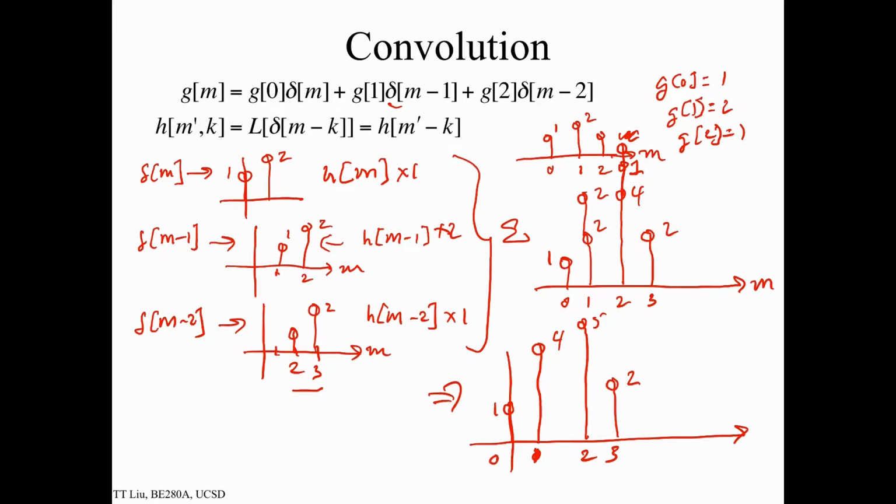All right. So once again, our final output is simply a weighted sum of impulse responses. But the key here is the impulse responses are all shifted versions of some initial impulse response like that. All right, so that's basically the intuition behind convolution.